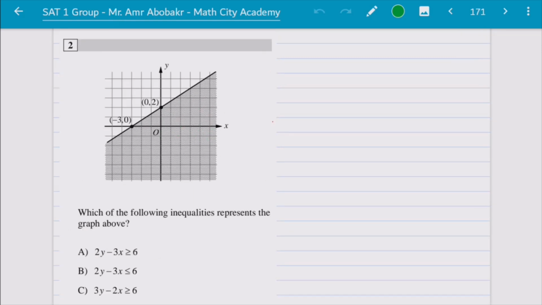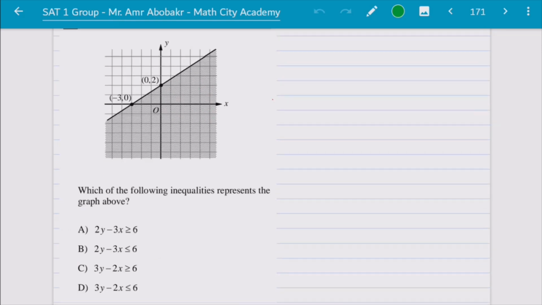Another example. Which of the following inequalities represents the graph above? Okay, we have here 4 inequalities, but they are different in form, like 2y minus 3x greater than 6. We can make the first one like y greater or y smaller.